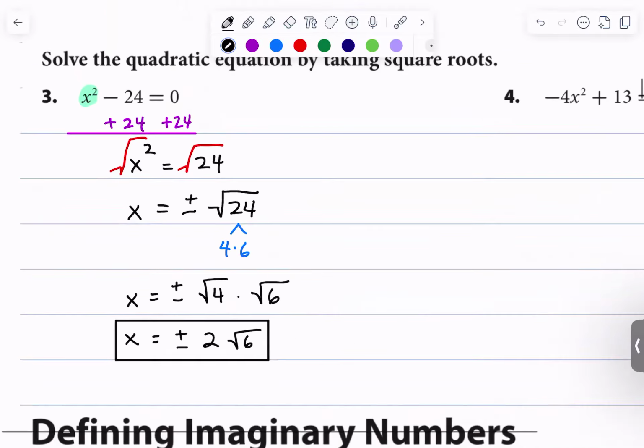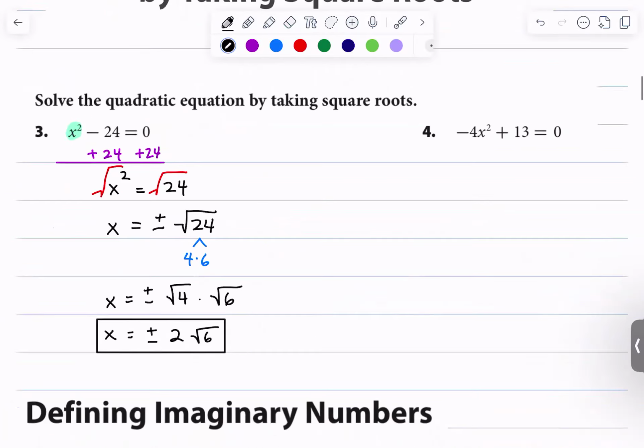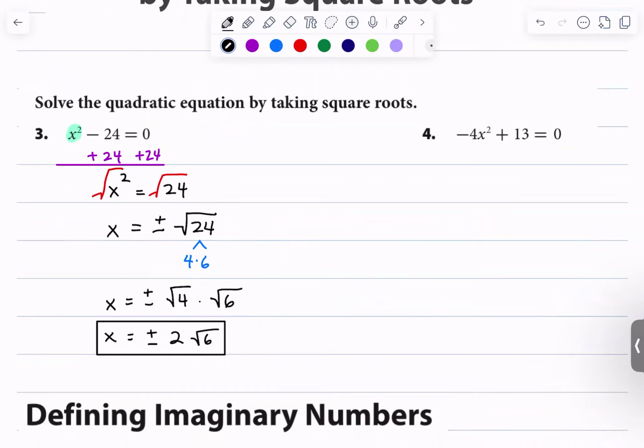All right. Now the next one over, we're going to isolate x squared again. So we're going to subtract 13 on both sides. Okay. And then we're going to have negative 4x squared equals negative 13. And we're going to go ahead and divide by negative 4.